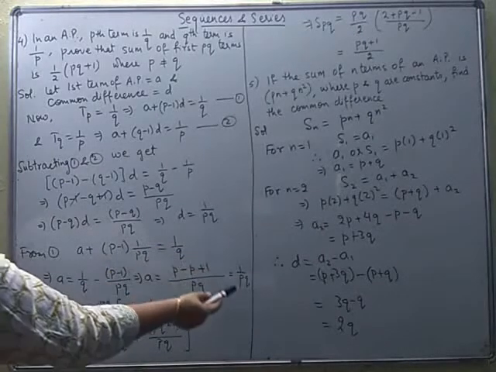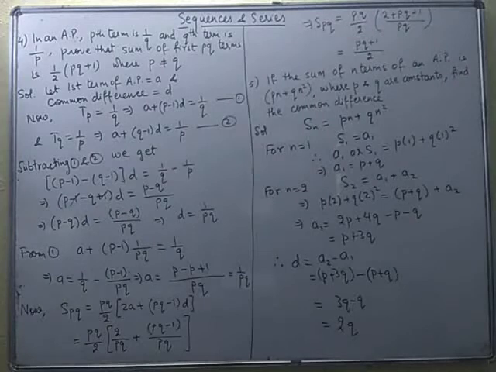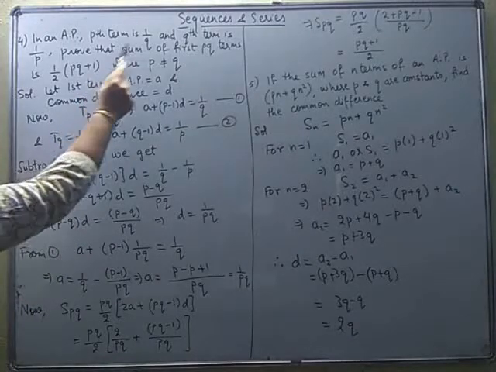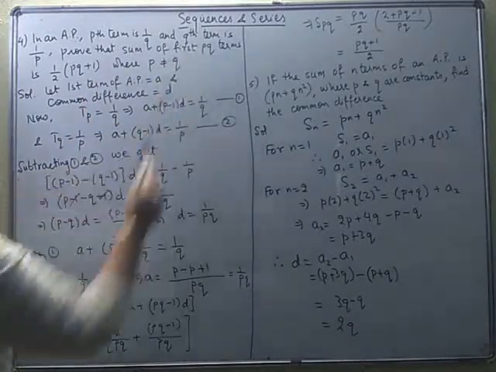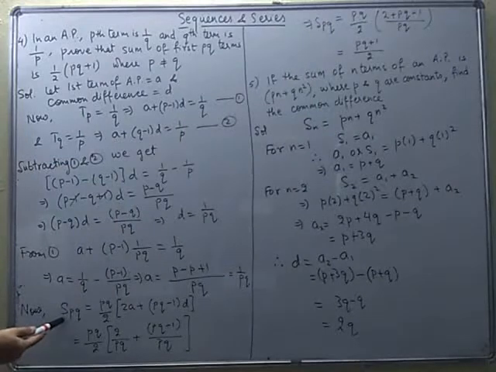So, what do you see? Both a and d, they are 1 over pq. Because first term and common difference are known, so we are ready to write the sum of whatever number of terms we have to find. Over here, we need sum of pq terms. So, n here is pq. So, you replace in the formula for sum of n terms, you replace n by pq.